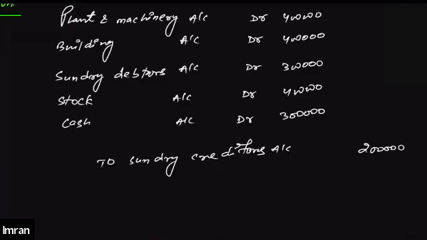Okay, and we have taken over all these asset and liability at a value of 12 lakh, right? We bought the entire business at a value of 15 lakh. So, to Messrs. Rai Brothers account 15 lakhs.